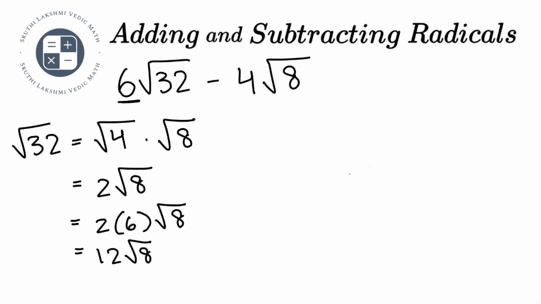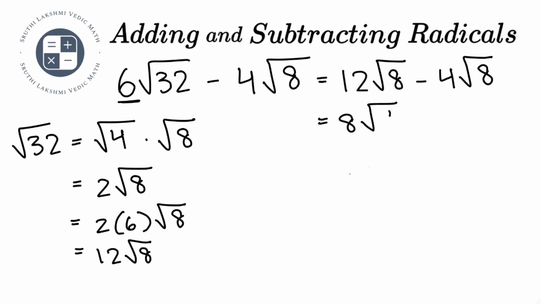Now that we're done with that, let's write this as 12 root 8 minus 4 root 8. Now we can simplify root 8 even further, but since these are like terms, let's go ahead, subtract this, and then simplify further. So 12 minus 4 is 8, so it's 8 root 8.